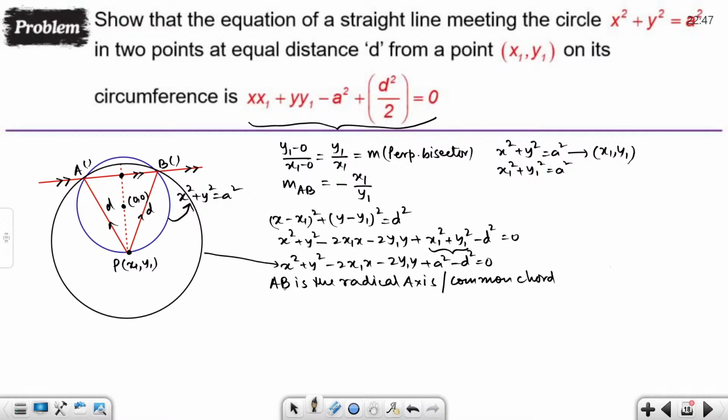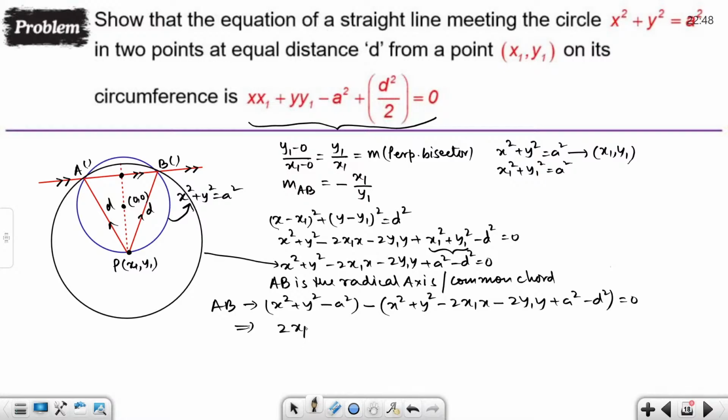Simple, I will subtract one equation from the other. So you are going to have, so this is the equation of AB, and the equation comes to, so that gives us, tell me yes or no, this will be plus.